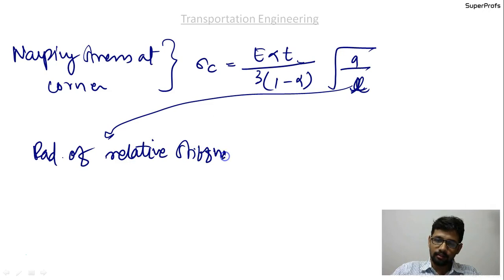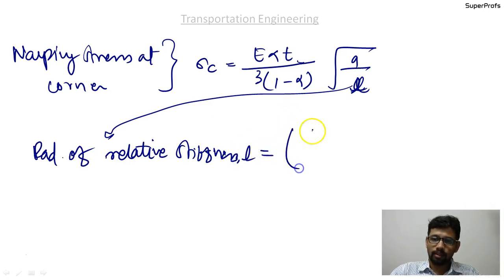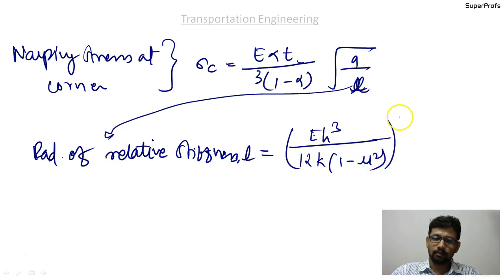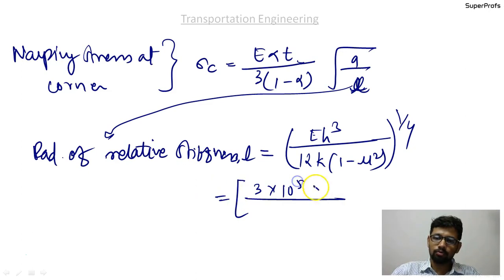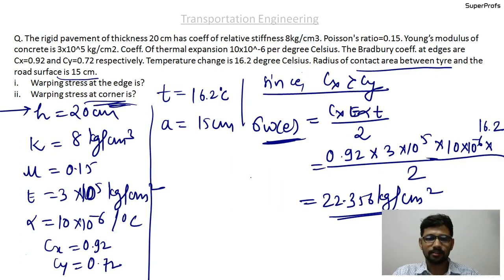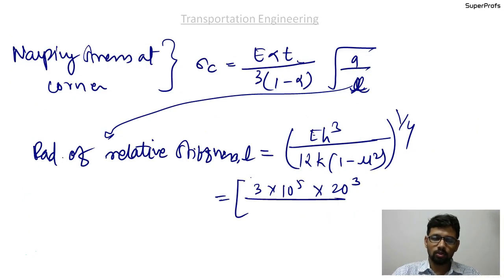Radius of relative stiffness L is equal to EH cube upon 12k into 1 minus mu square, to the power 1 by 4, that is equal to 3 into 10 to the power 5 into H is 20 centimeters, upon 12 into K is 8 kg per centimeter cube into 1 minus mu square.